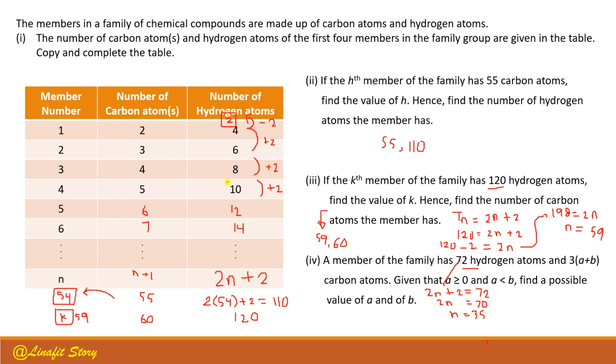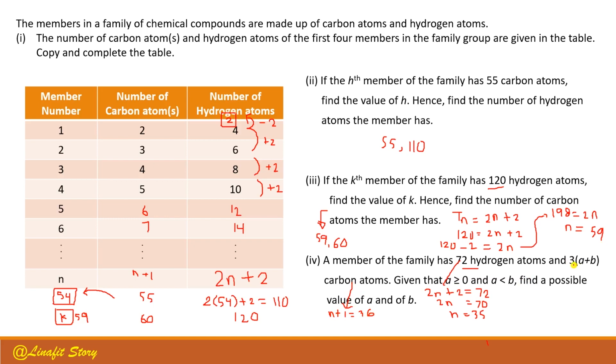Then, to get the number of carbon atoms, it is n plus 1, which is equal to 36.